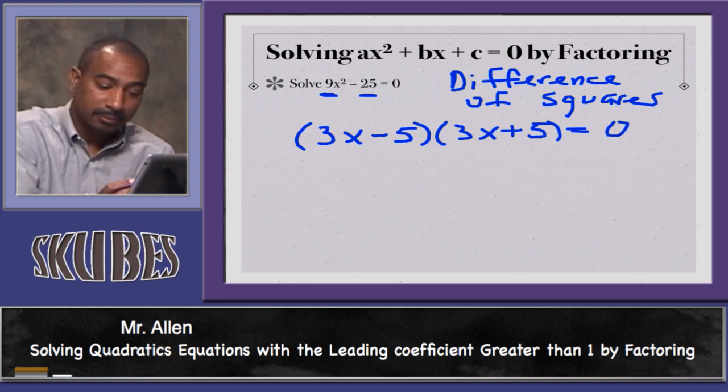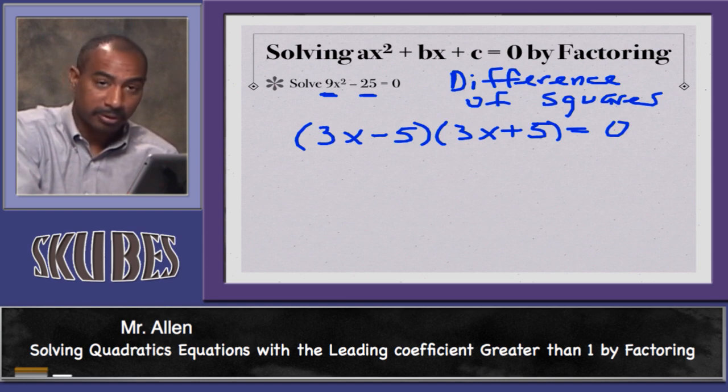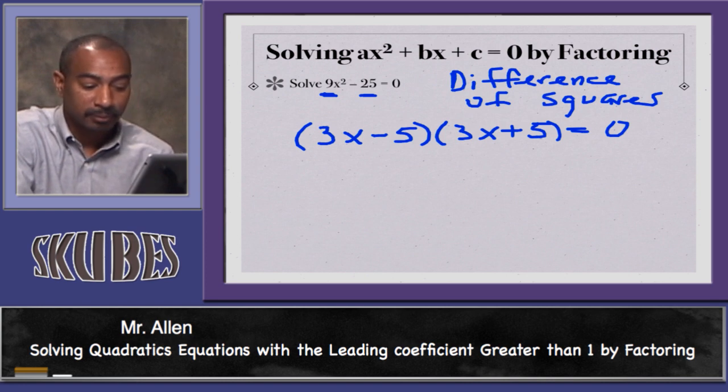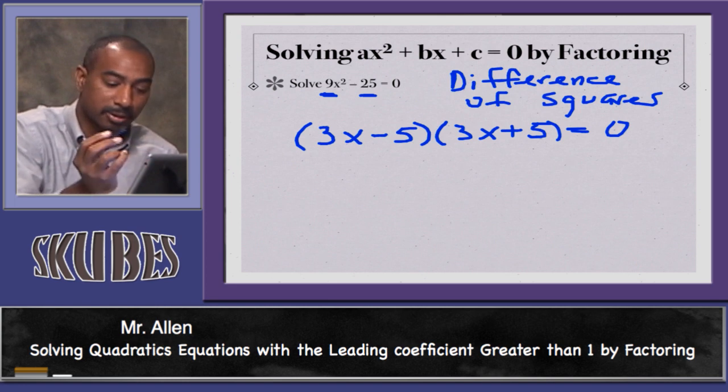Because that's the pattern. You have the exact same terms but opposite signs, so the middle term cancels out. We learned that from the previous lesson. So when I factor, I just simply take the square root of the first term. The square root of 9x squared is 3x. The square root of 25 is 5. And then write the same terms with opposite signs.